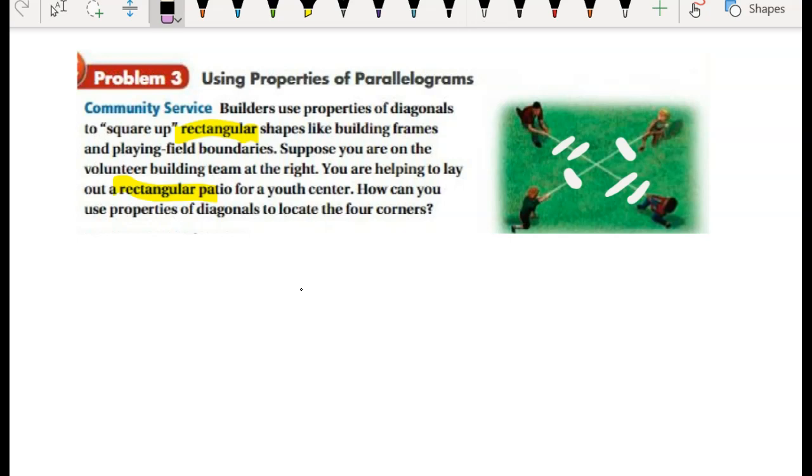The other thing I know is if the diagonals of a parallelogram are congruent, then the parallelogram is a rectangle.